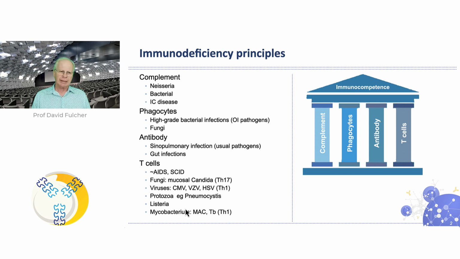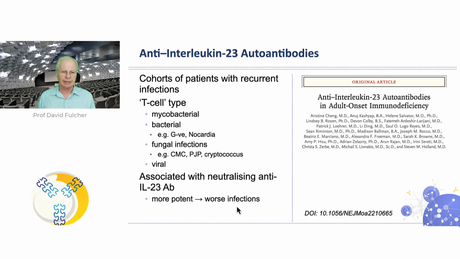And we're going to talk about Th subsets in a moment. So just to emphasize that Th17 is responsible for fungal defense at the mucosal surfaces, and Th1 cells more or less the intracellular type pathogens, and this is important for this particular paper.